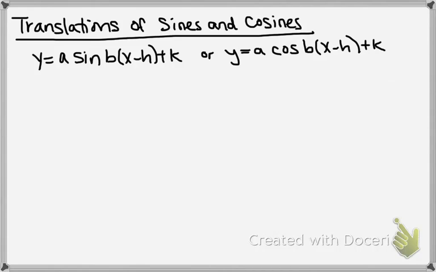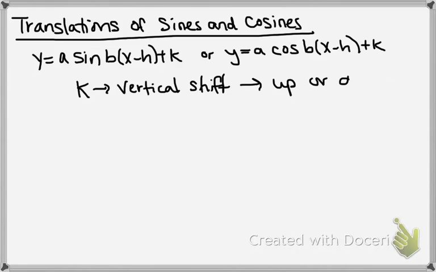So let's start with that k value, the value that is outside our trig functions. The k value represents what we call a vertical shift. That is when we shift the graph either up or down. To tell whether you're going up or down, it depends on whether you're adding or subtracting the k.